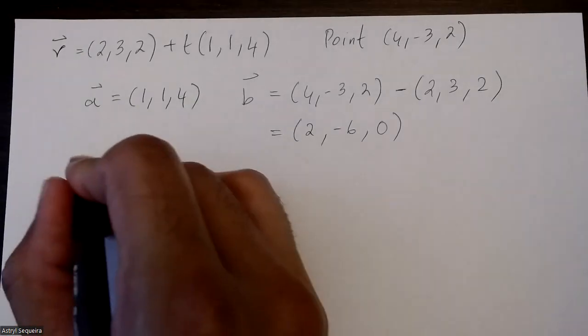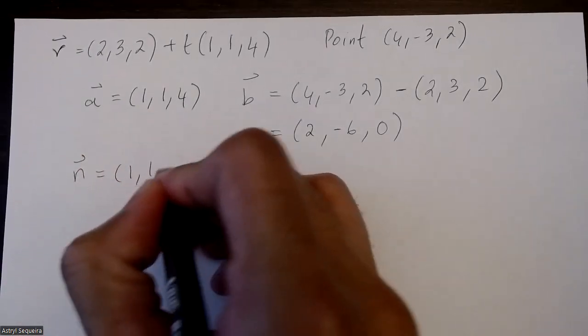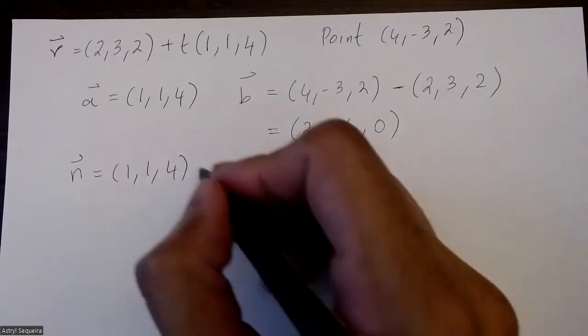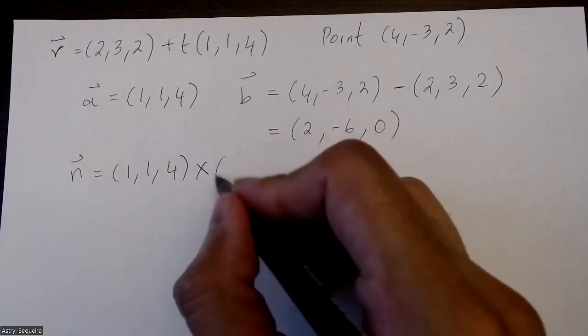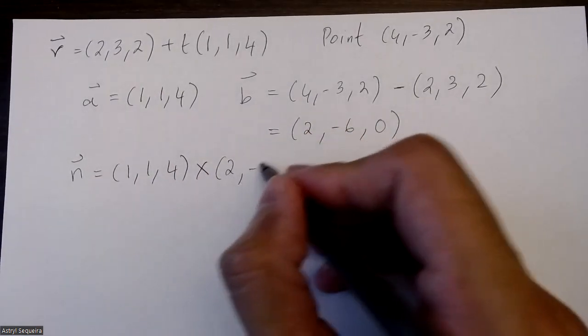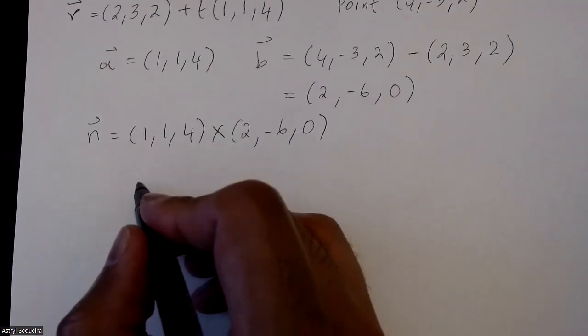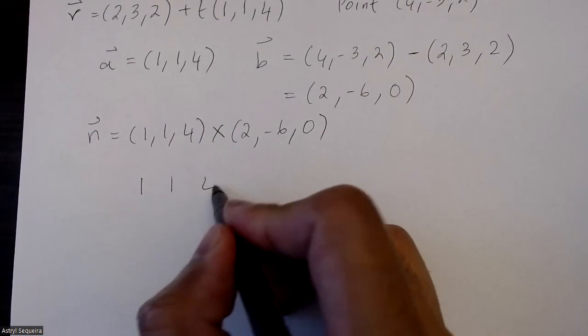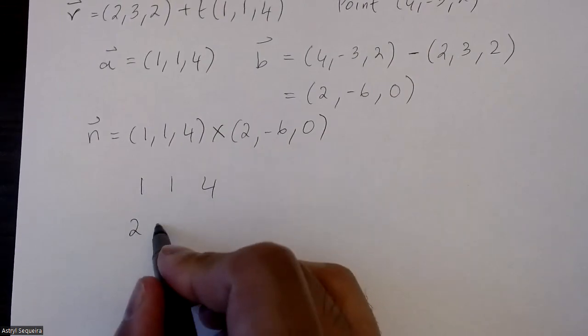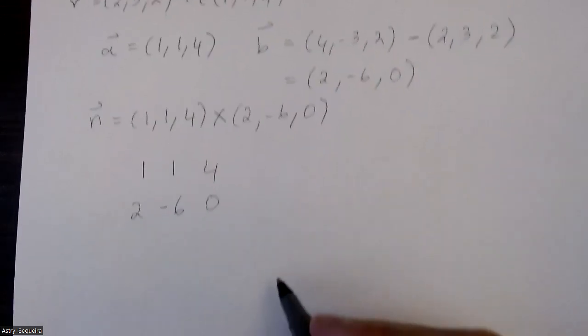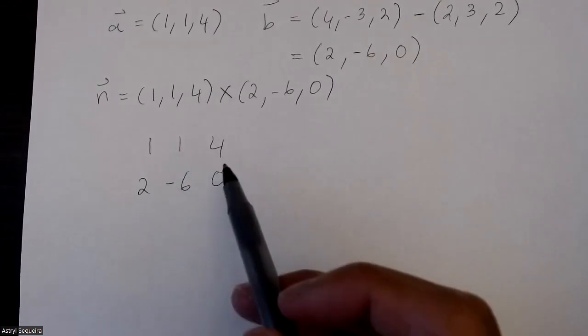So my normal vector is just the first vector cross multiplied by the second vector. So when I do cross multiplication, I like to write the vectors on top of each other. You should already know cross multiplication from your previous chapter. I'm going to go over it pretty quick.